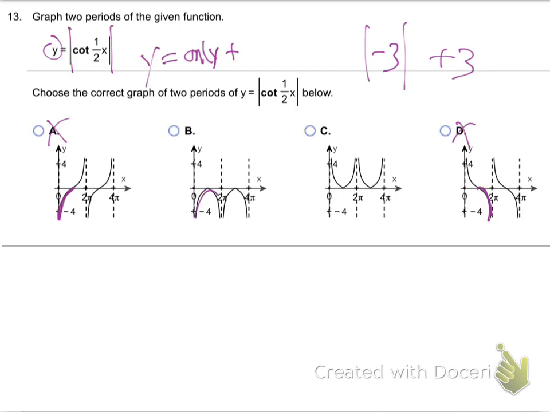Oh yeah, and B's out. They're all negative on B. I didn't see that until you pointed it out. Yes, thank you, Jamie. So B's out. C, done. It's the only one where they're all positive. C is the answer. Good, that was easy. It could have been absolute value of anything, and we would have known the answer had to be C there.